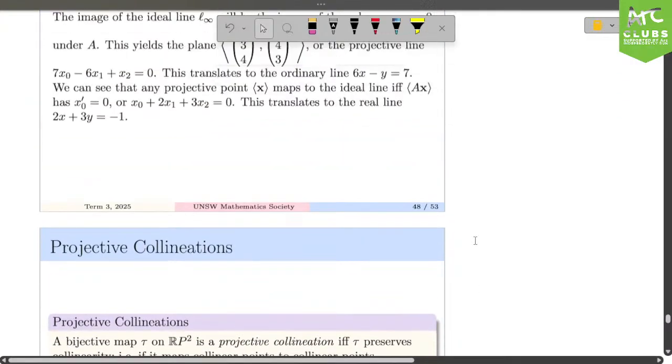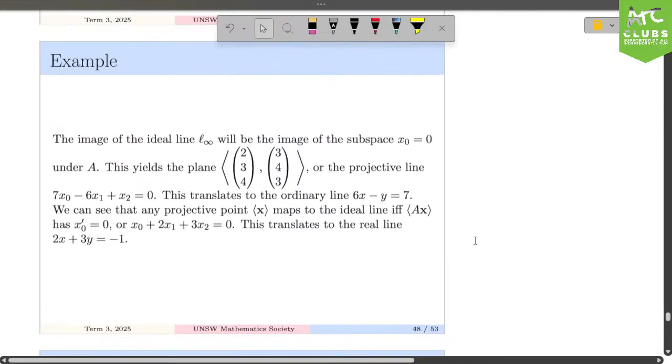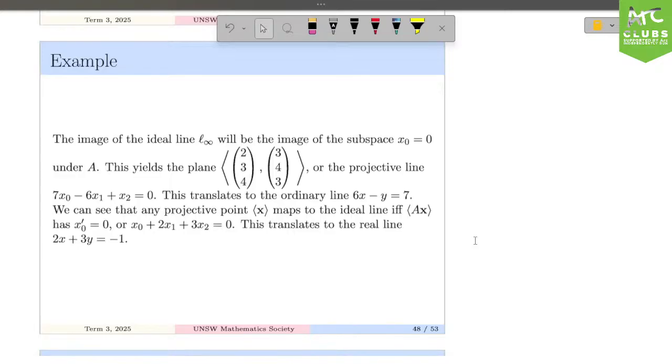And finally, to take the pre-image of the ideal line, that's just going to be the set of points such that after we apply A, our first coordinate is 0, i.e. the set of points such that this top row of the matrix, 1, 2, 3, dotted with x0, x1, x2 is equal to 0, and that is just by definition the line that we want, so that corresponds to the set x0 plus 2x1 plus 3x2 is equal to 0.